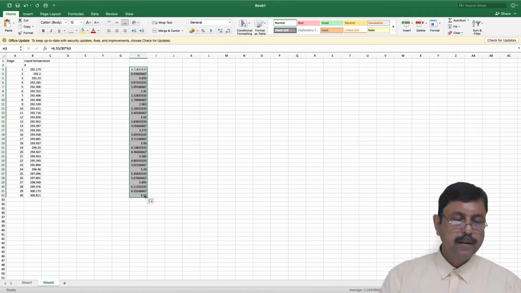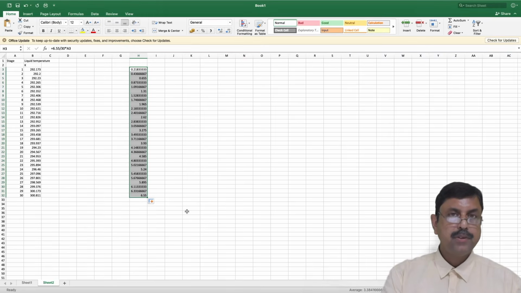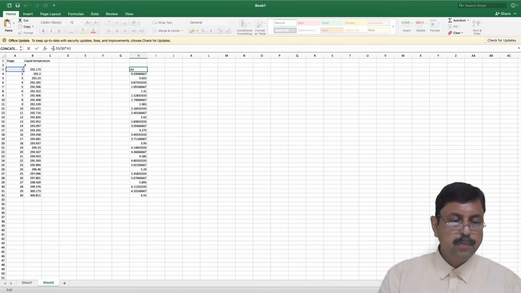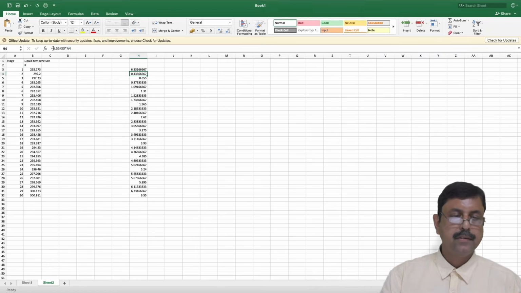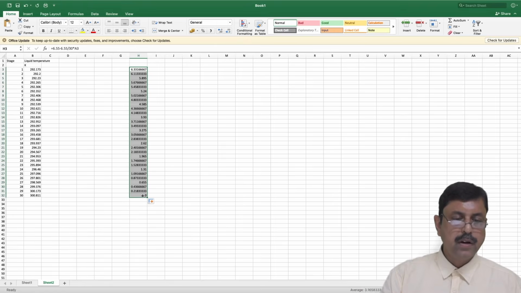Likewise, 6.55 is the length of all 30 stages together. So distance from the bottom will be 6.55 minus this, for everything.